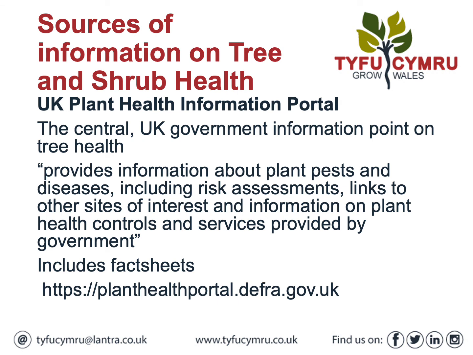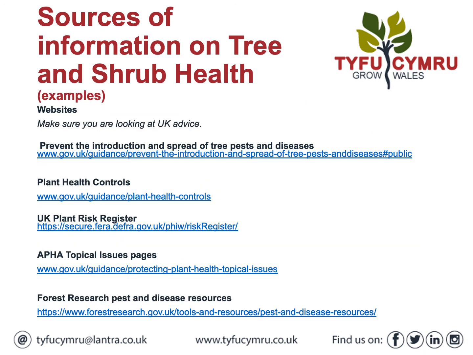So it describes itself as providing information about plant pests and diseases, including risk assessments, and it links to other sites of interest and information on plant health controls and services provided by government. So important that you look at the UK Plant Health Information Portal.